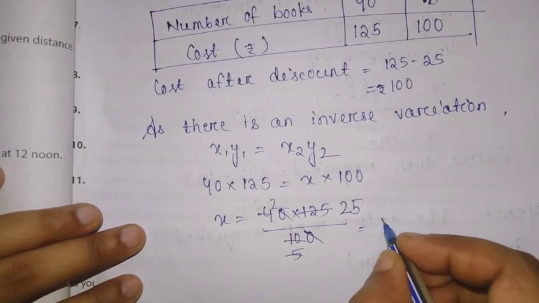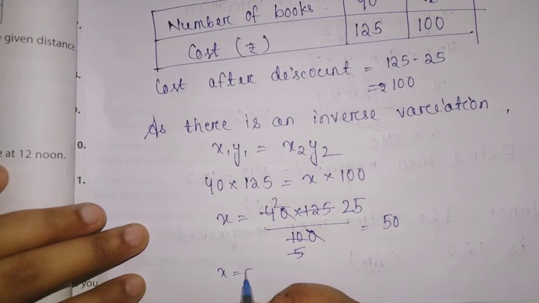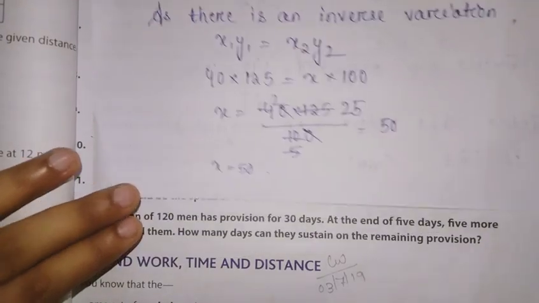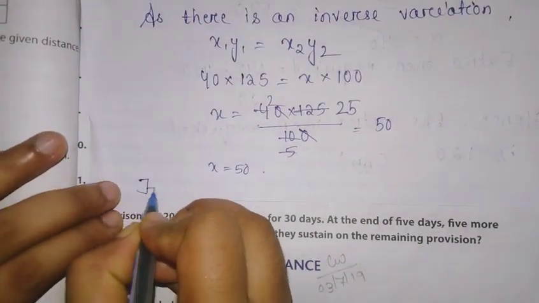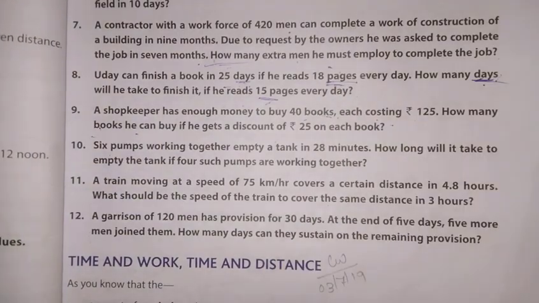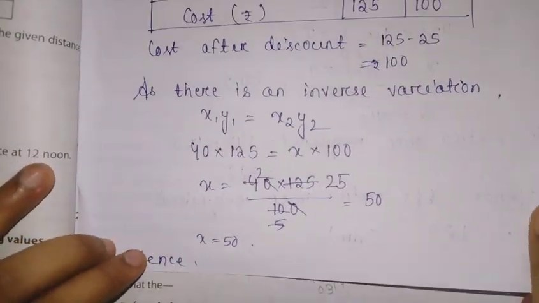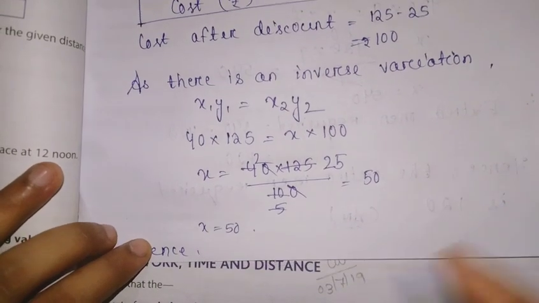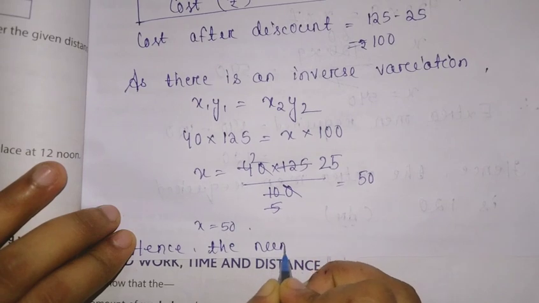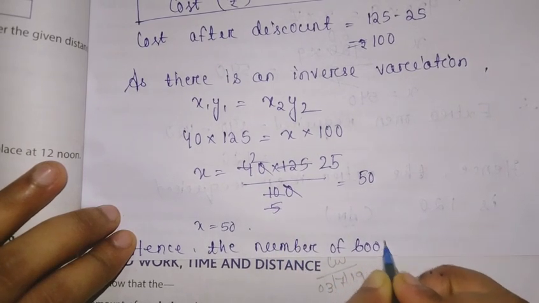Then x equals 50. Hence the number of books is 50.